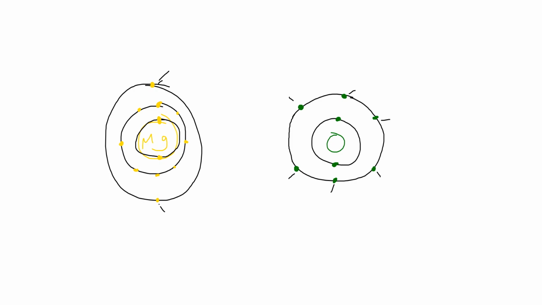Magnesium transfers those 2 electrons to oxygen, so magnesium becomes Mg 2+, and oxygen becomes O 2-. These opposite ions attract each other and form magnesium oxide. So this is the same idea, but just with 2 electrons instead of 1.